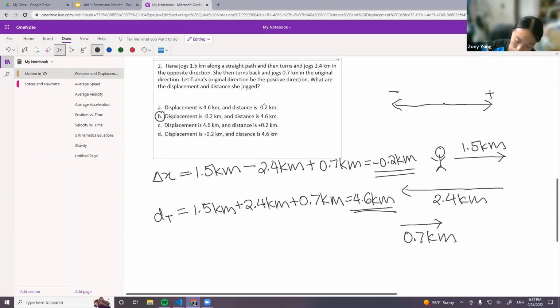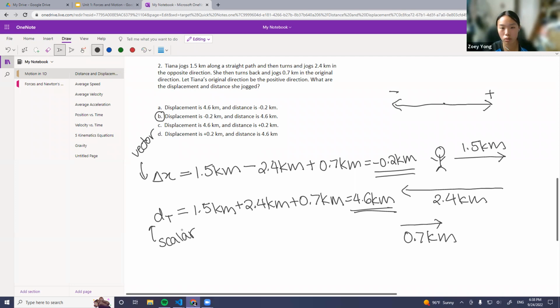And if you're still a little confused on what a vector or a scalar is, in this case, this one's the vector and this one's the scalar. Basically, with a vector you want to see the overall direction and distance.